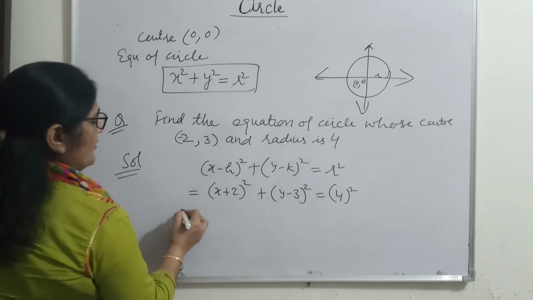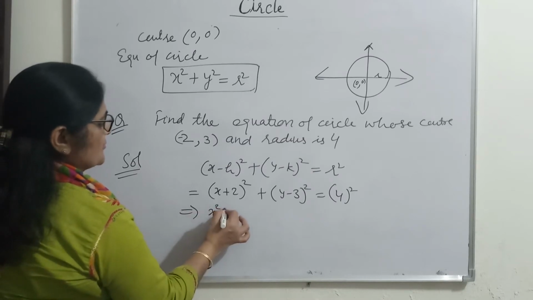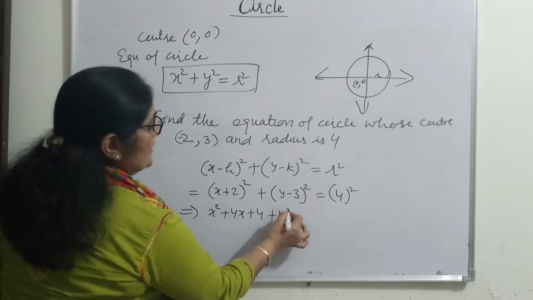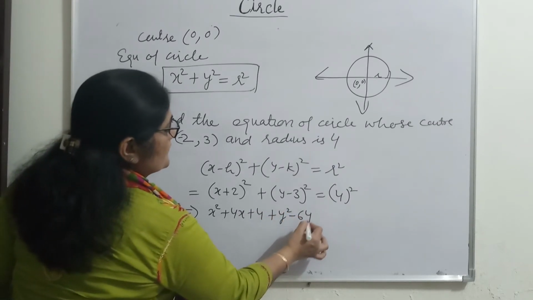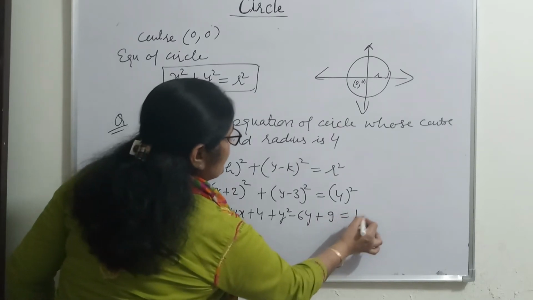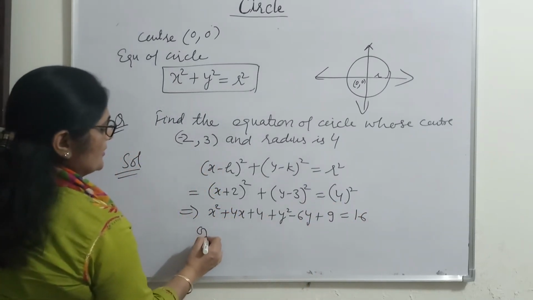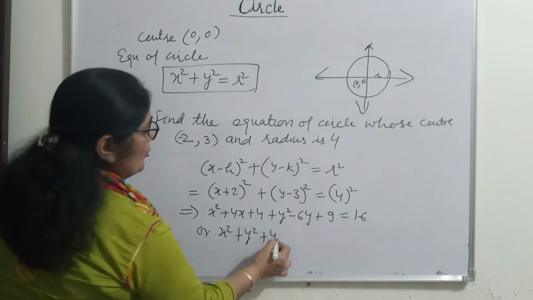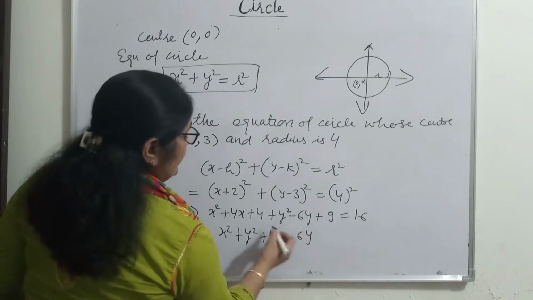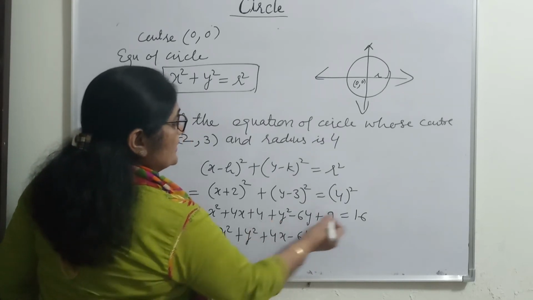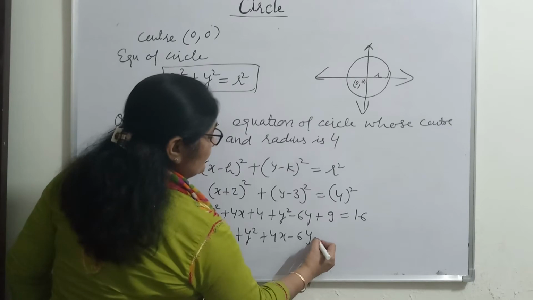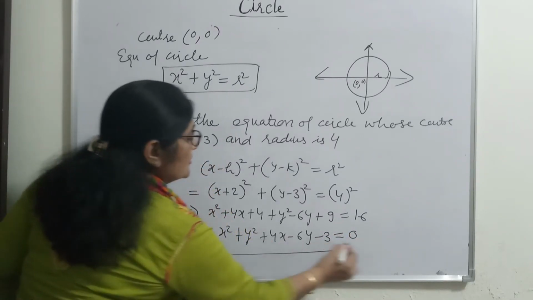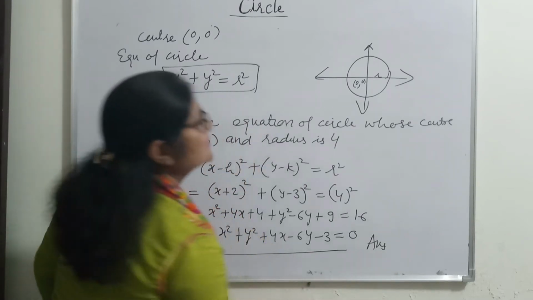This is the standard form. Or you can open: x square plus 4x plus 4 plus y square minus 6y plus 9 is equal to 16. Or you can say x square plus y square plus 4x minus 6y plus 9 and 4, 13, 13 minus 16, so that is -3, equal to 0. So this is the equation of a circle.